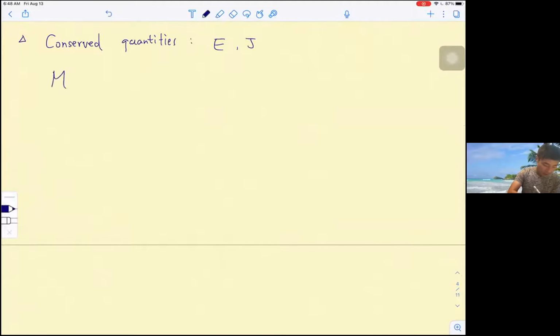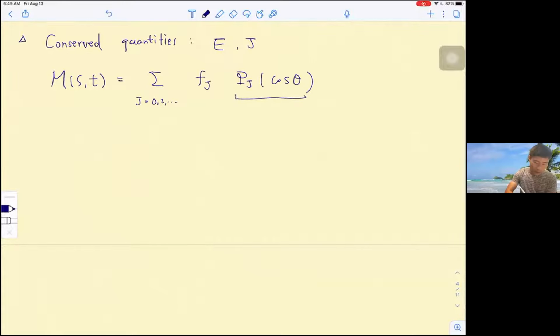And this fancy basis is simply the partial wave decomposition that you have in quantum mechanics. For scalars, we're summing over j equal to 0, 2, and so on, even j, simply because this is scalar. This is simply the Legendre polynomial, or the Gegenbauer polynomial when you go to higher dimension.